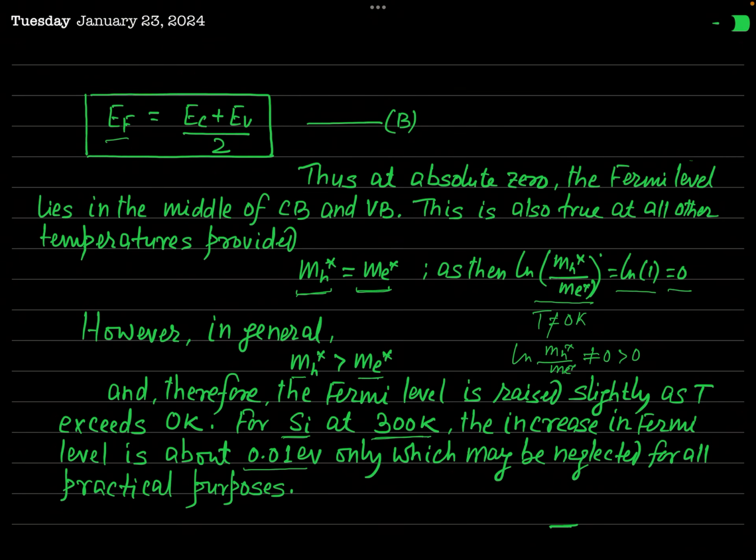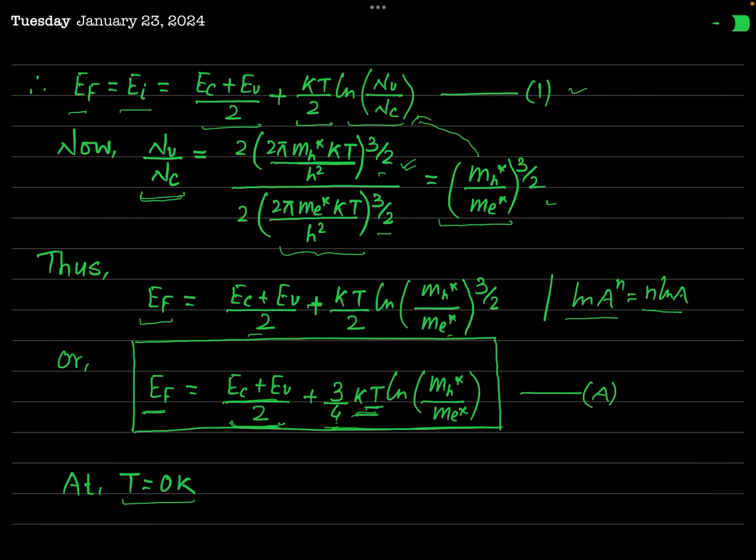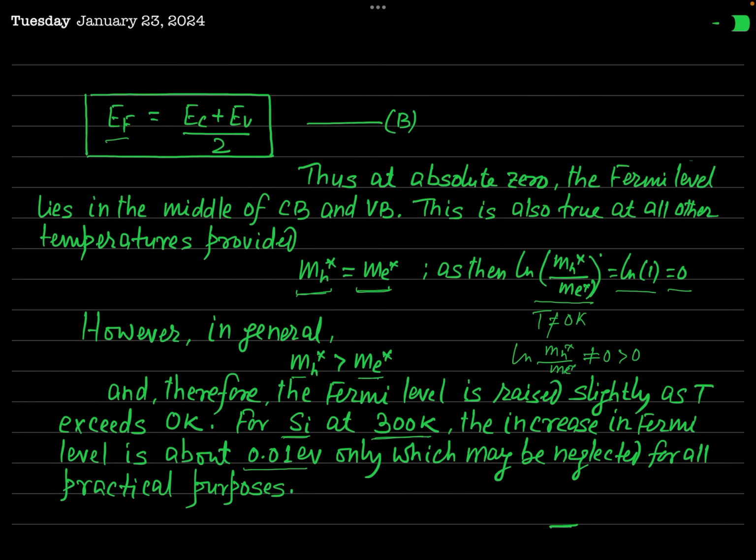So if this is the Fermi level at 0 Kelvin temperature, then the Fermi level at 300 Kelvin will differ by only 0.01 electron volt, which is negligibly small. And so for all practical purposes we can neglect it.